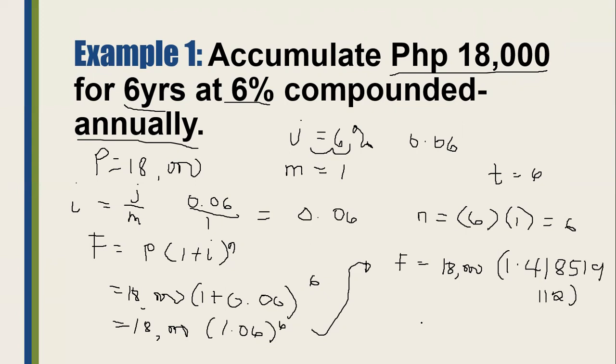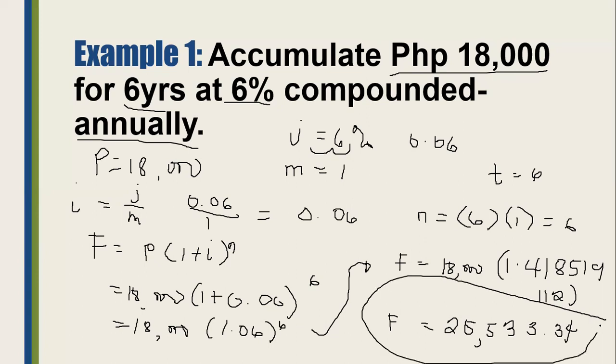Then tsaka po natin siya i-multiply sa 18,000. So 18,000 compounded after 6 years, we can have 25,533.33 pesos after 6 years, investing 18,000 po.